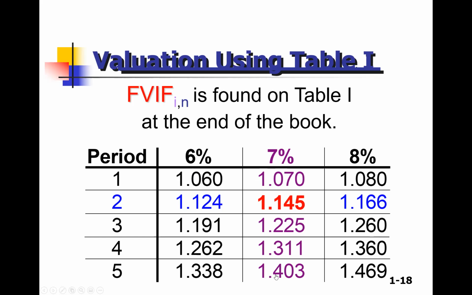For 3, for 4, and for 5, it goes on. But how do we calculate that? What is the mathematical expression for the future value interest factor? Let me take a whiteboard so that you can understand easily.